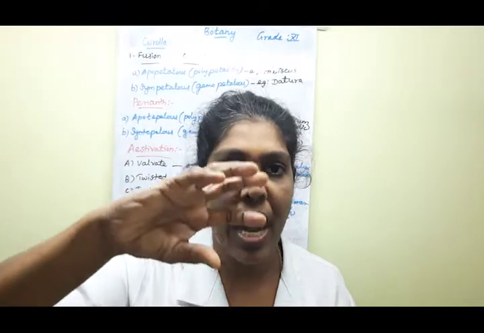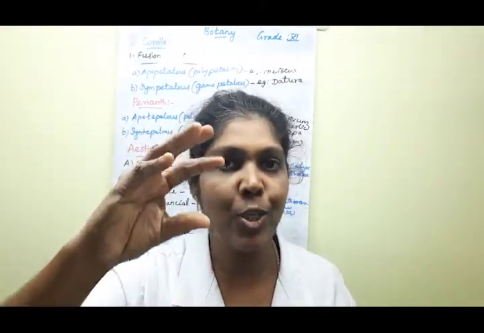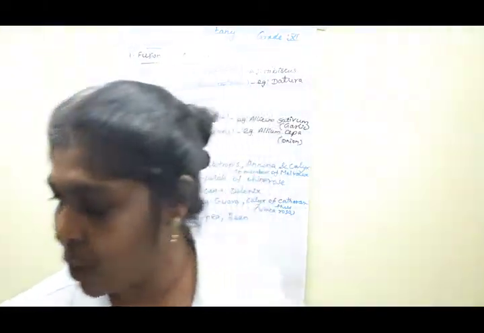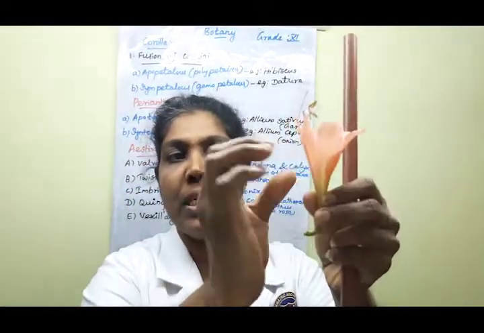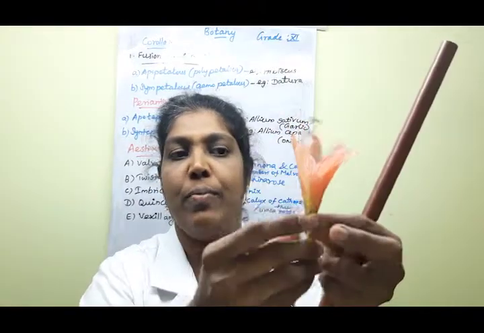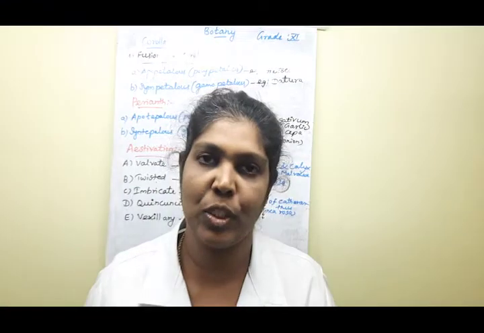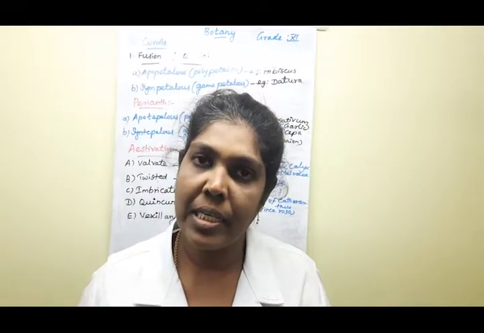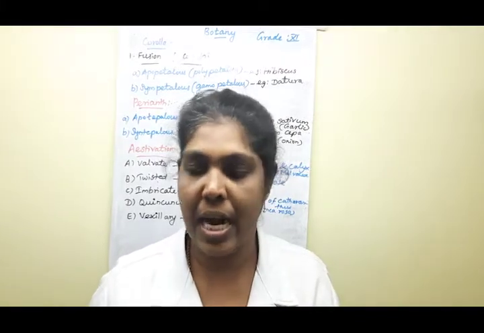Gamo means united, jointed. The petals are united in form, and that is what we call sympetalis or gamopetalis. Understood, ma'am?